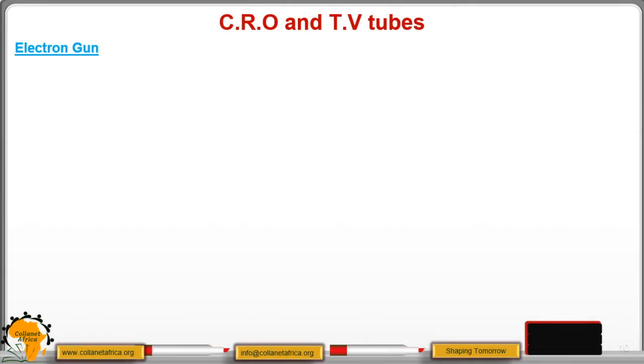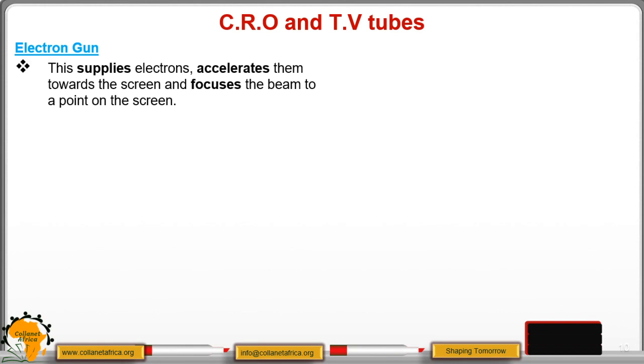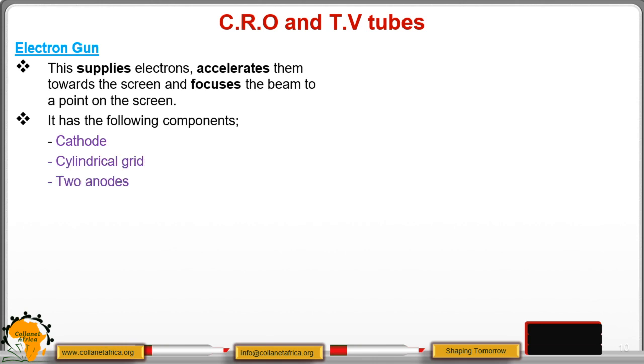From there, we move to the electron gun. The work of the electron gun is to supply electrons, to accelerate them towards the screen, and to focus them so that they form a point on the screen. It has the following components: one cathode, a grid, and two anodes.